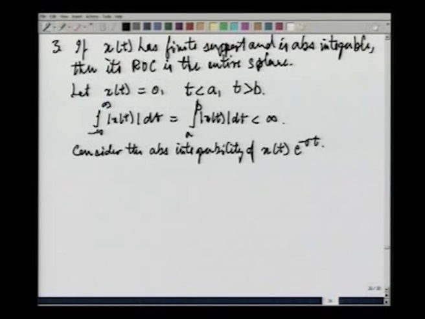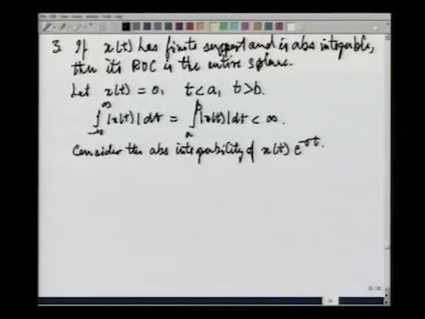Now, here what do we find? We are concerned with whether the integral from minus infinity to infinity of mod x(t) e to the minus sigma t dt is finite. This is what we are concerned with.